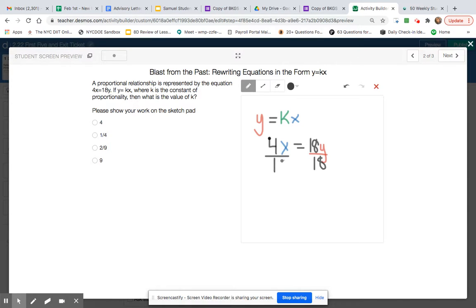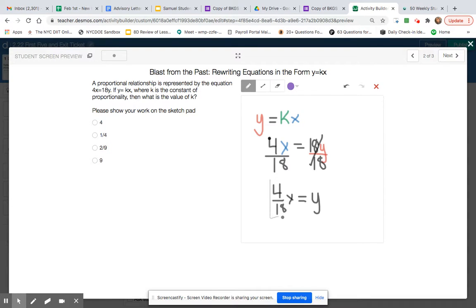Why are we doing that? Because the inverse operation of multiplying is dividing. So when I divide both sides by 18, I'm left with 4 over 18x equals y. Notice that the y is by itself, guys.